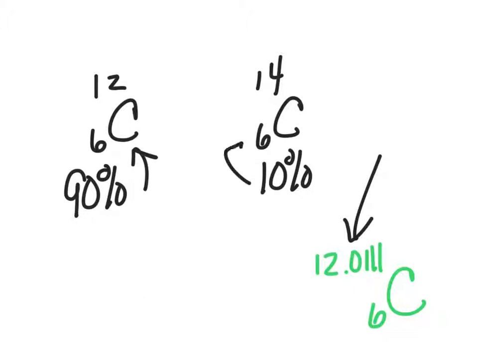If 9 times out of 10 I got a carbon-12, and 1 time out of 10 I got a carbon-14, then the average of all the masses, 12 plus 12 plus 12 plus 12, and so on, is going to be closer to a mass of 12 than it is to a mass of 14. Let me show you exactly how that works.